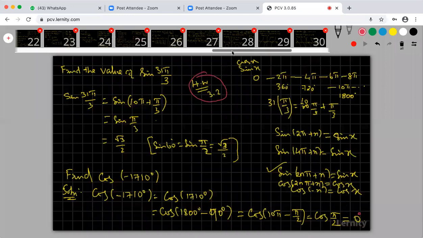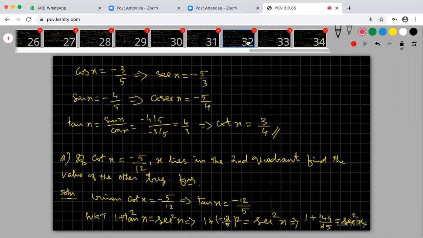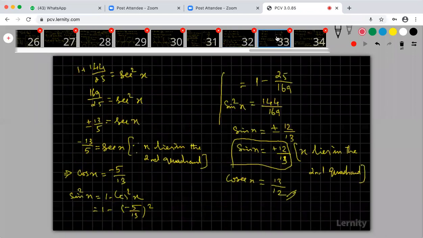For the sine sum, which sum? Some students are asking doubts about 31 pi by 3.